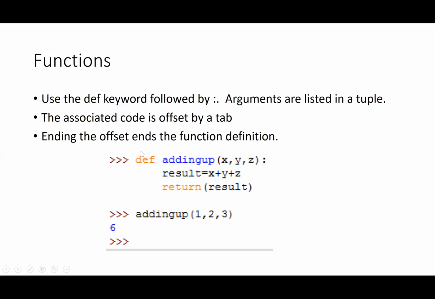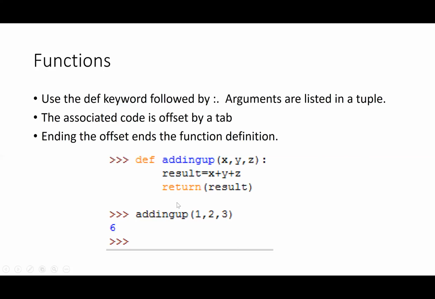So this tells me that this is defining the function adding up, and when I hit return, the next line is indented because the shell expects a series of commands that define adding up. So here are my commands. I'm assigning to the new variable result x plus y plus z, and then the new keyword here, return the value of this thing result. All right, so that has defined adding up.